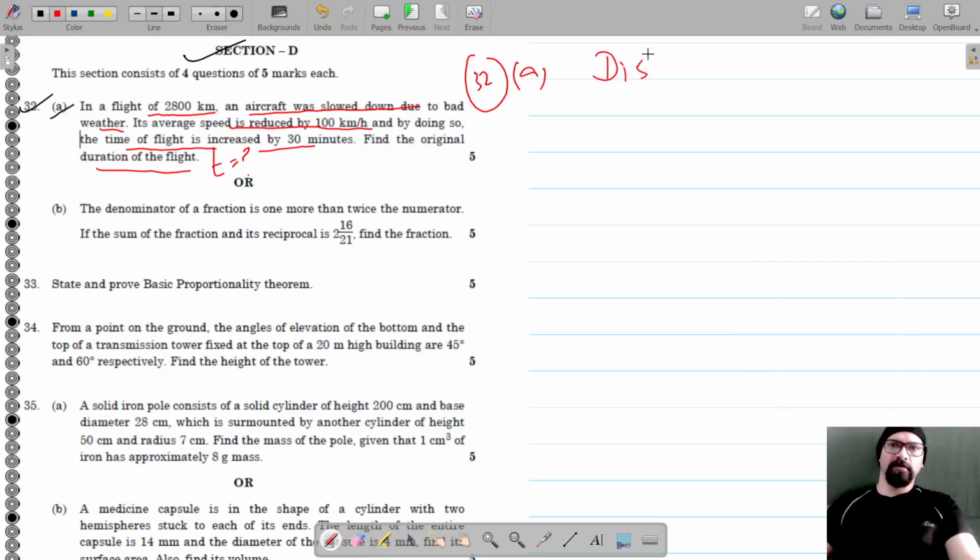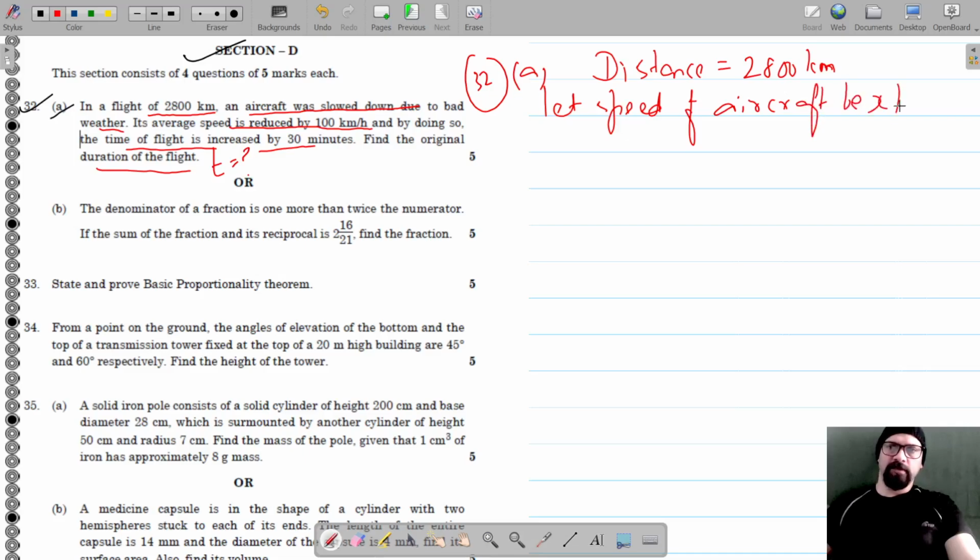And here what's given to us is distance, which is constant 2800 kilometer in both cases. Now let's say speed of aircraft be x kilometer per hour. And if distance and speed are known, so this is the original duration, which is time is equal to distance by speed. So distance is equal to 2800 and speed is x.